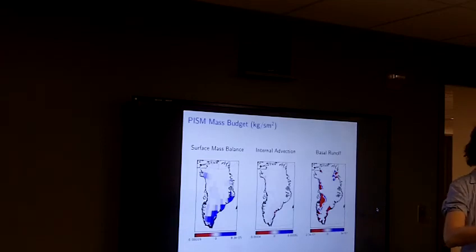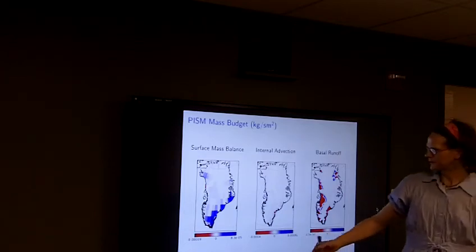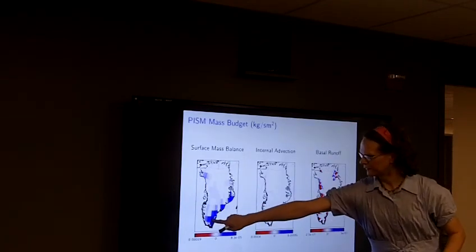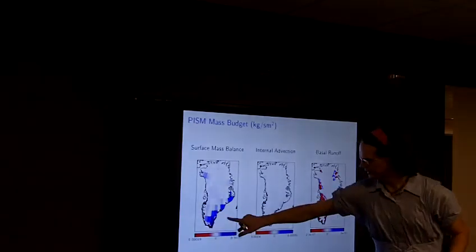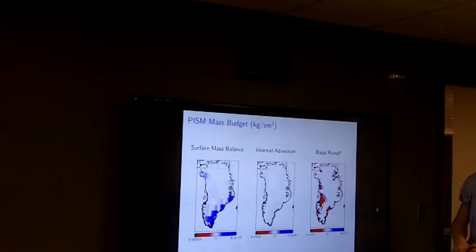The energy budget is made of different terms, and we can look at each term. So here's the mass budget. Here's surface mass balance. You see there's a snowstorm here. This is probably a 1 month run. There was a snowstorm here, and then there's some melting around the edges. That's all just like we want.